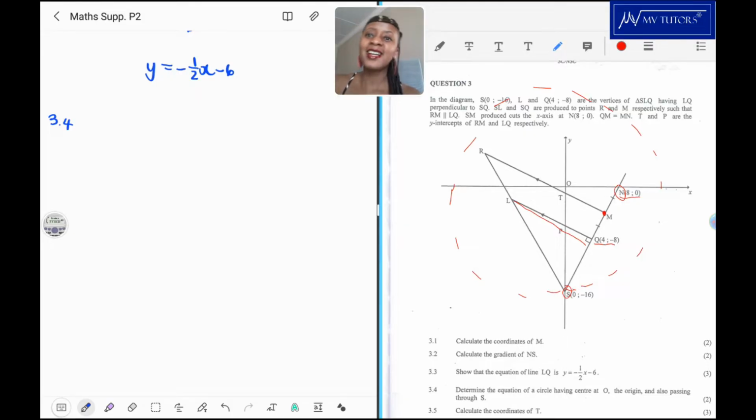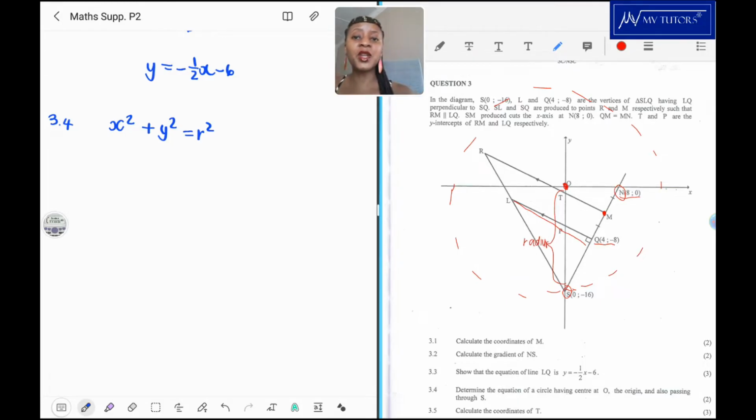Okay, so the center is at the origin. Since the center is at the origin, it's your basic equation where you would say x squared plus y squared is equal to r squared. And since the circle passes through S, I would assume that OS is the radius.